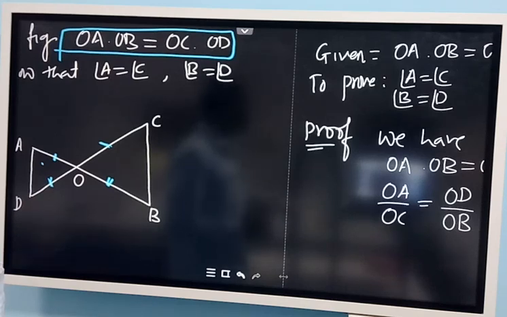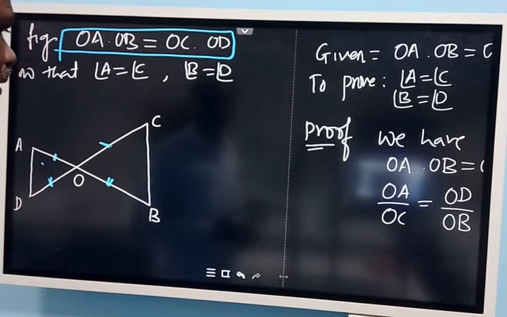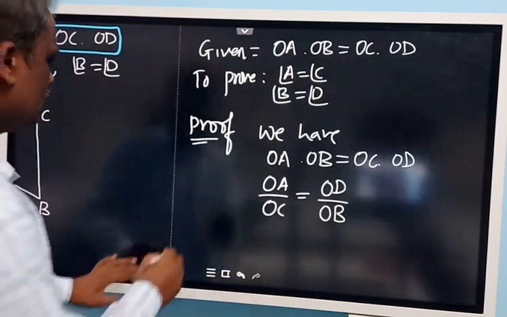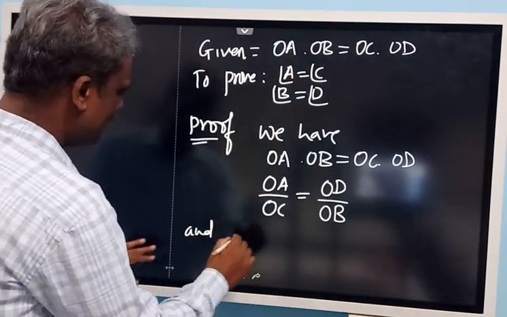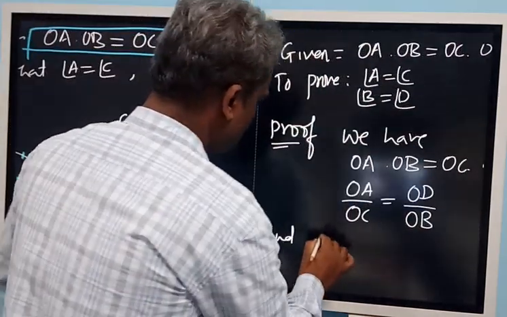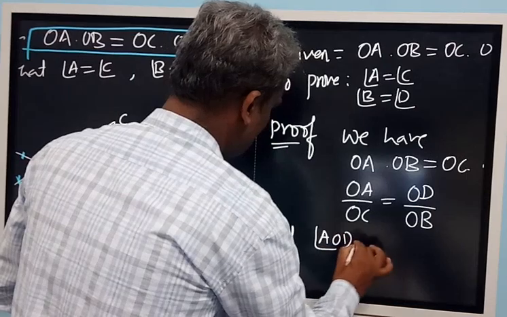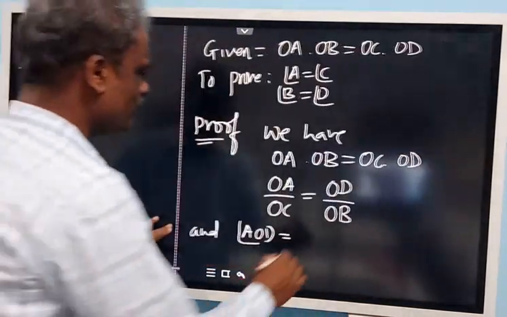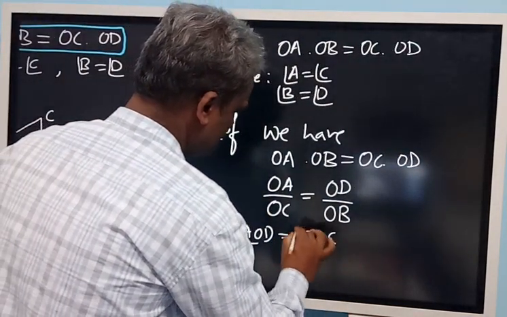Isn't it? Which angle can I show equal? We have angle O. So in this triangle, I will write it as angle AOD. Angle AOD is equal to, in the second triangle, BOC.